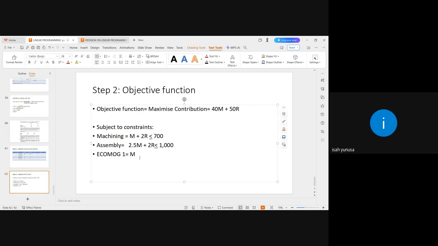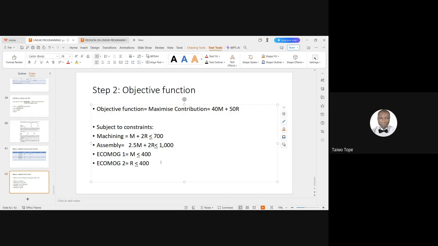M will be less than or equal to 400. Then for the other product, let's say ECOMOG 2, which is Russo: R is less than or equal to 400.